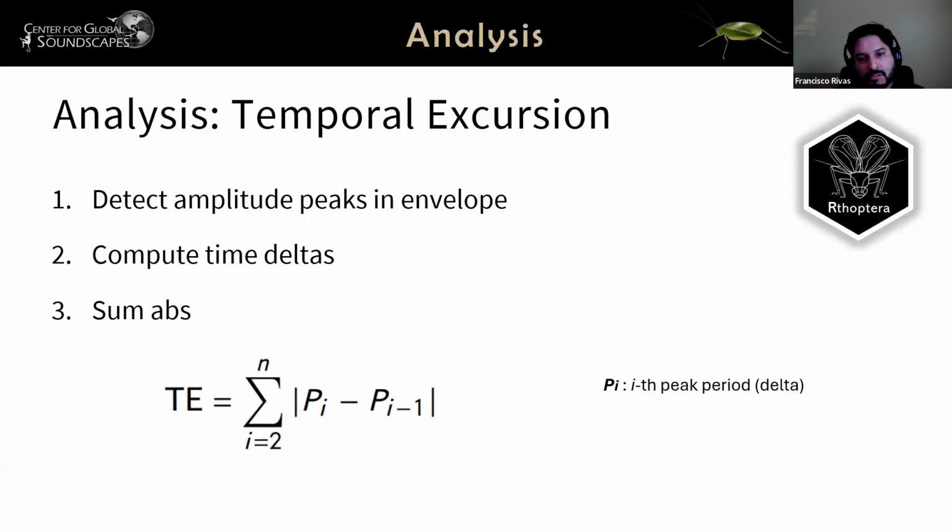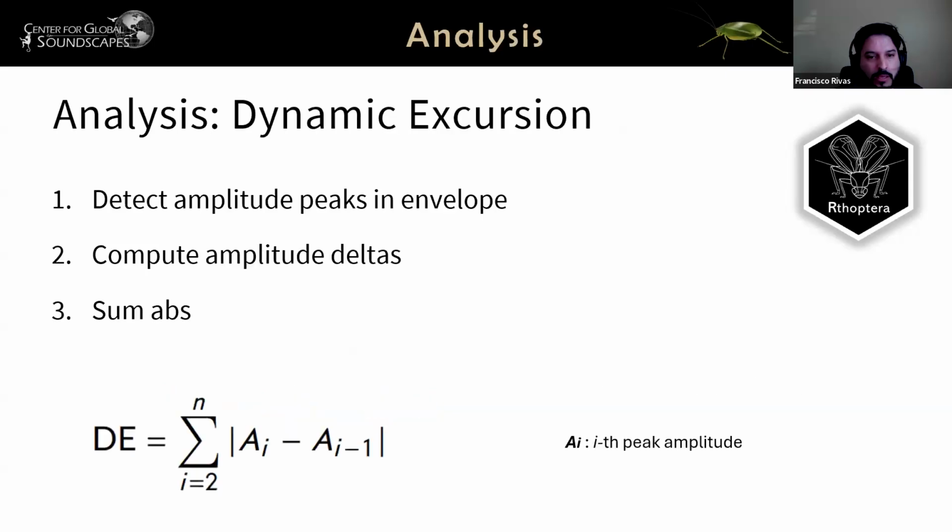So the temporal excursion is meant to measure differences in the time of the peaks or the tooth impacts, if you will. So first you detect the amplitude peaks in the envelope, and then you compute the time deltas, and then you sum the absolute values of those. So I'm going to explain that in a bit.